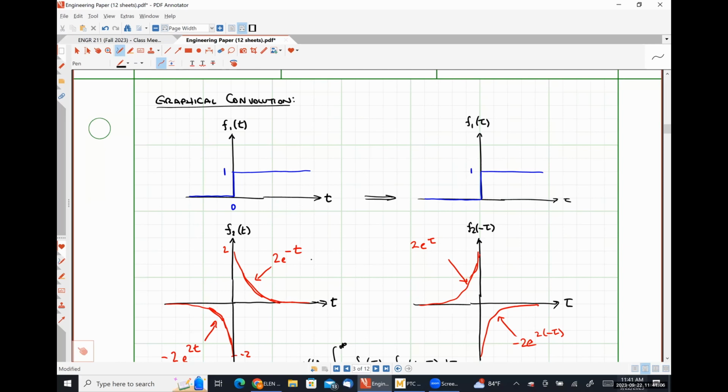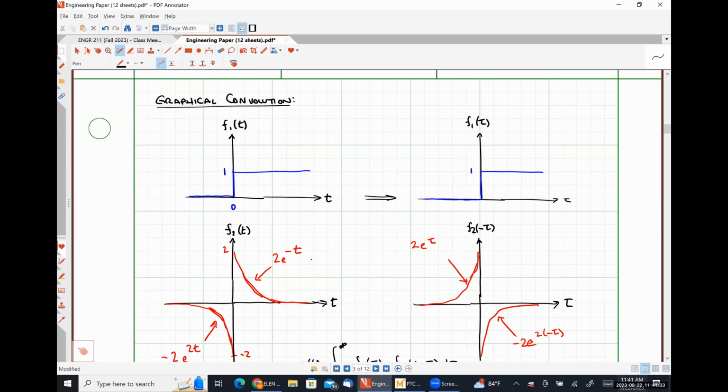I'm just graphically showing you what's going on here when we flip it. When we slide it, it's going to look like t minus tau, and depending on what the value of t is, it will either be to the left-hand side of the vertical axis or to the right-hand side of the vertical axis. But we're just sliding this thing around. And sliding it around involves adding or subtracting some arbitrary t.